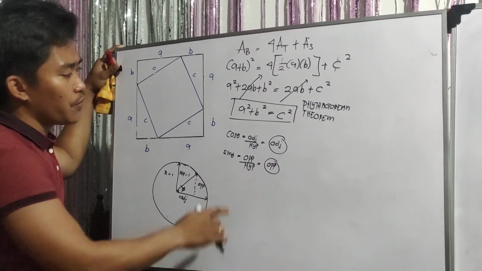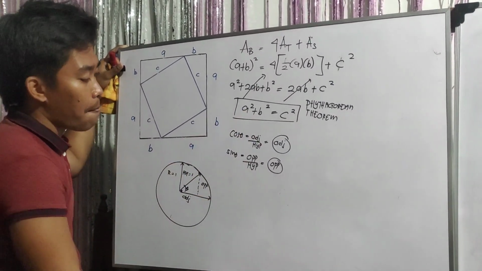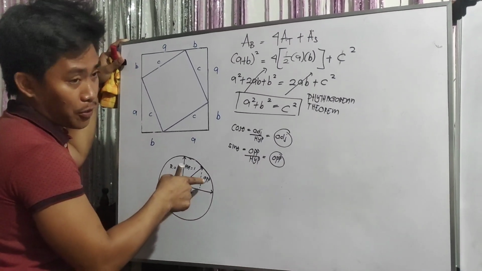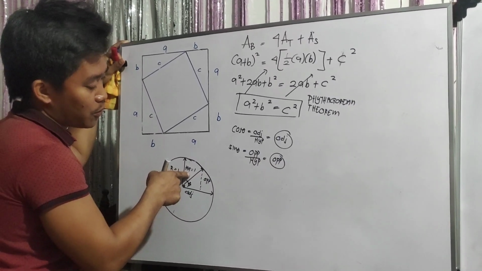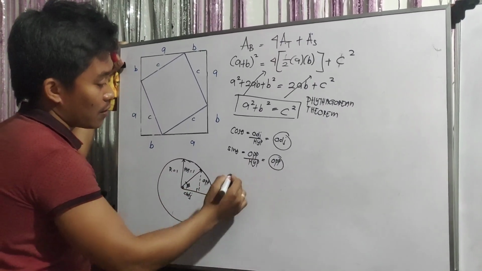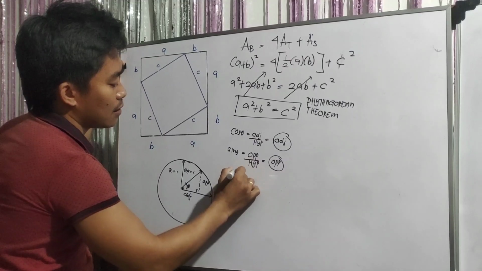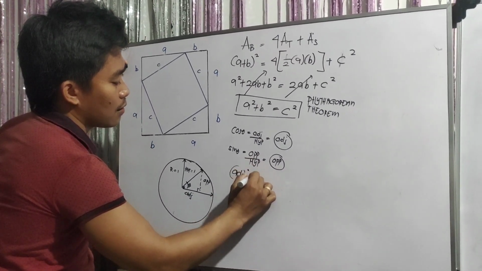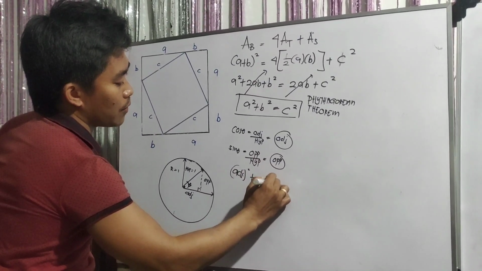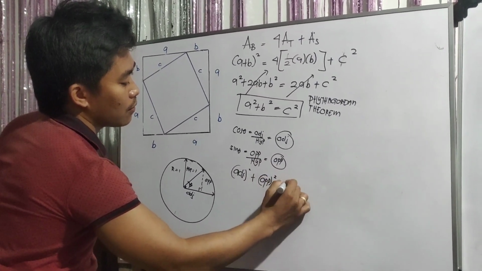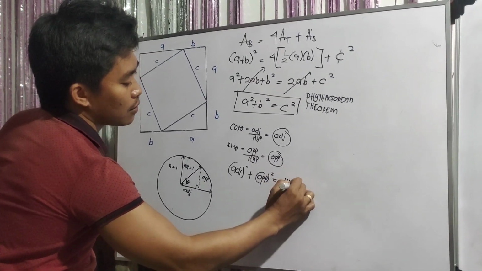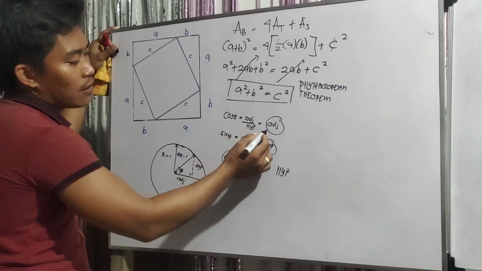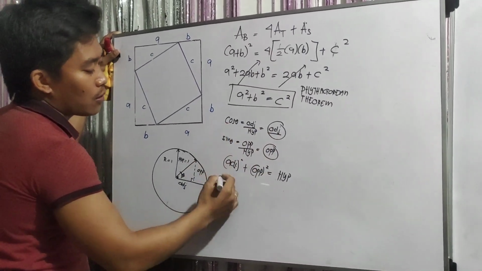So now, what if we apply the Pythagorean formula? What is that? Adjacent squared plus opposite squared is equal to hypotenuse squared. Now, what is this adjacent? Again, adjacent is just equal to cosine theta.